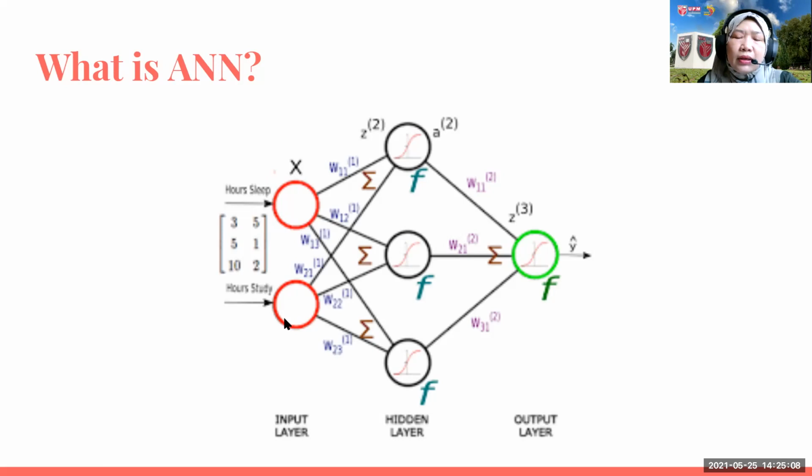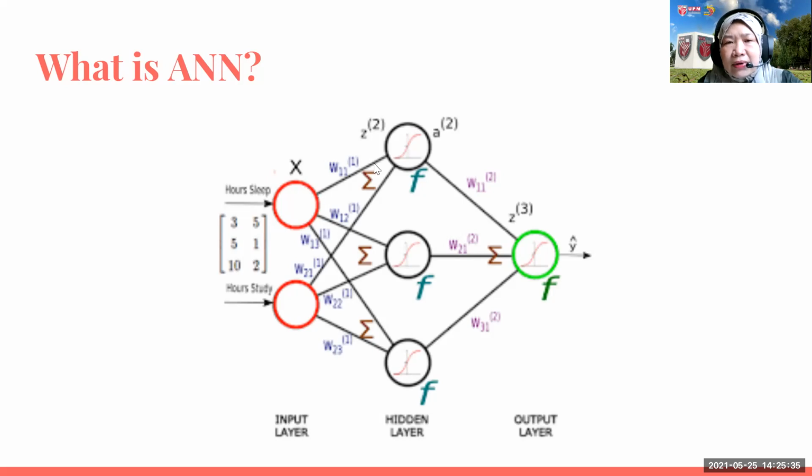In the middle, most of the time people call it a black box. The content of the black box is the hidden layer. Inside the hidden layer we have nodes. These nodes are connected from the input to every single node in the middle.